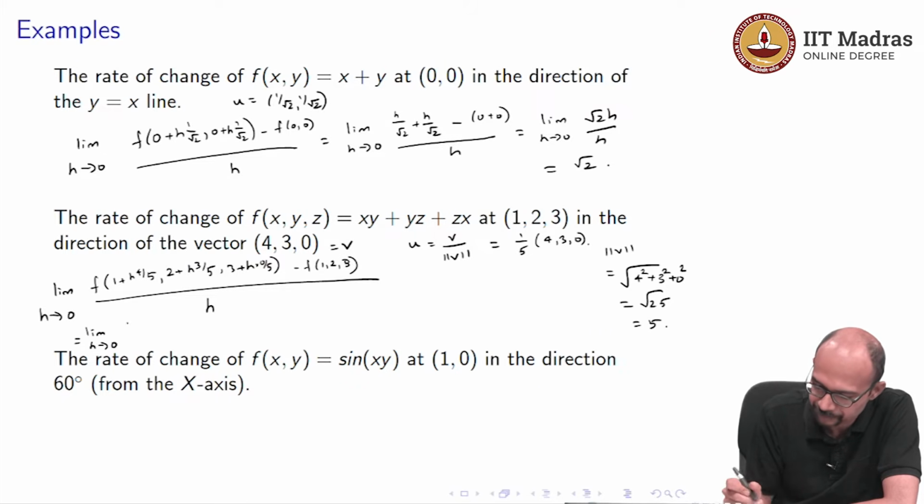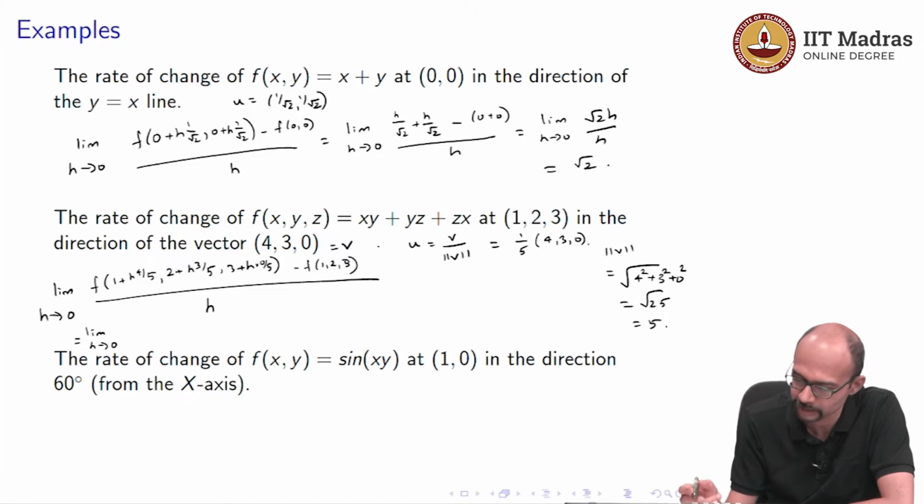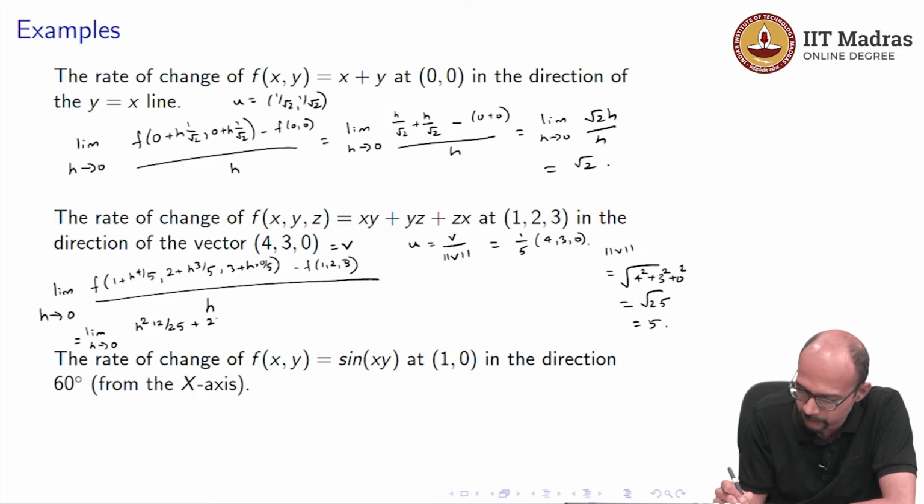Limit h tends to 0. If you substitute 1 plus 4h by 5, 2 plus 3h by 5, and 3 into this expression, and also substitute (1, 2, 3) in this expression, you will see there is a fair amount of cancellation, and the terms that are left are going to be h squared times 12 by 25, plus 2 times h times 4 by 5 plus 1 times h times 3 by 5.